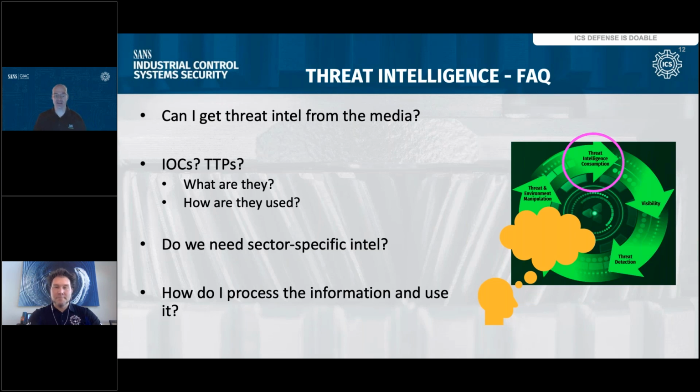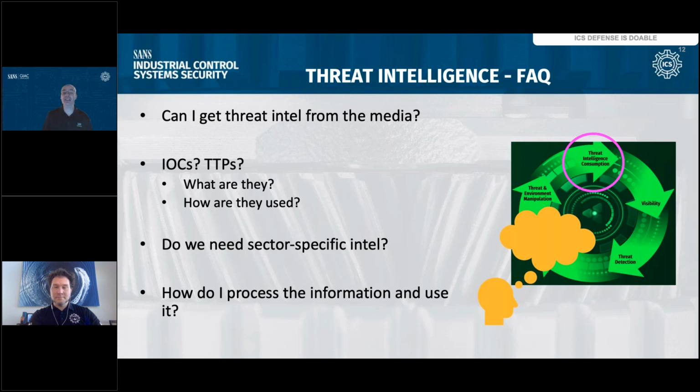Whereas TTPs, to me, are more about what is the person or the adversary doing who's behind an attack, and how are they operating. So I don't know that I would say it's about human characteristics, but it's about the things that the human or the group, or it could be automation, I suppose, are doing. So what are the impacts? How does it manifest? What do I see?